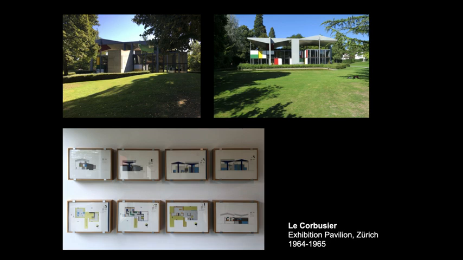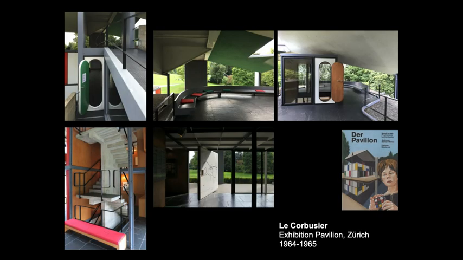The example is the exhibition pavilion in Zurich, which is constructed out of concrete and steel, and you see very clearly that the primary construction is differentiated from the construction for the rooms, for the exhibition spaces.